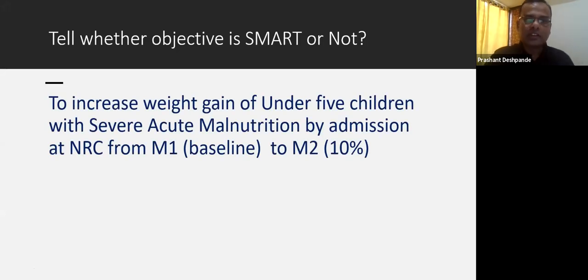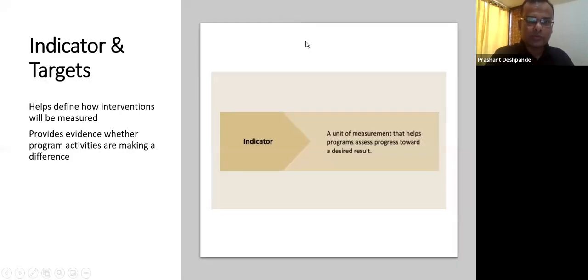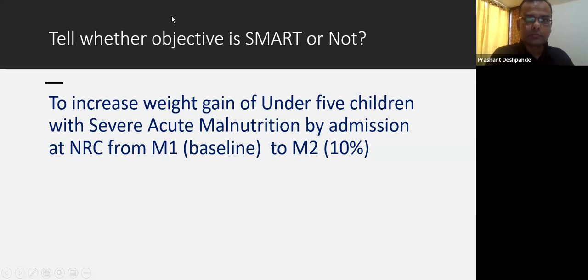Now the next statement is to increase weight gain of under 5 children with severe acute malnutrition by admission at NRC from month 1, that is baseline, to month 2 by 10%. Is this objective SMART?